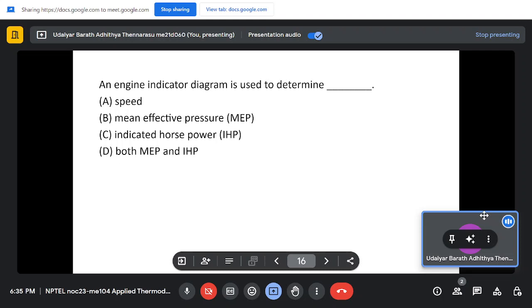So you can calculate both mean effective pressure and indicated horsepower. Speed you cannot calculate, because it depends on the frequency of how the engine operates. The indicator diagram only shows you the cycle. It cannot show you the number of cycles happening per minute. So A is not true. B and C both can be calculated. So the answer is option D, both mean effective pressure and indicated horsepower.